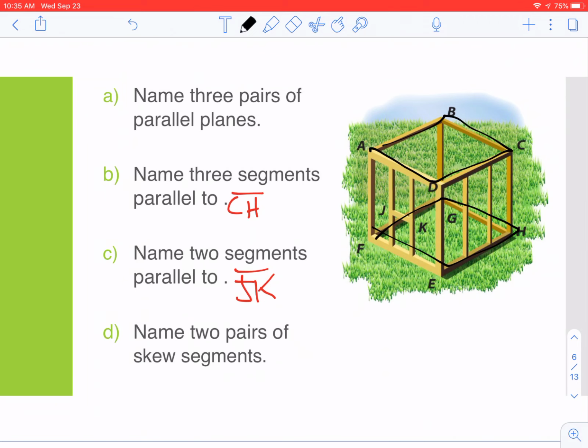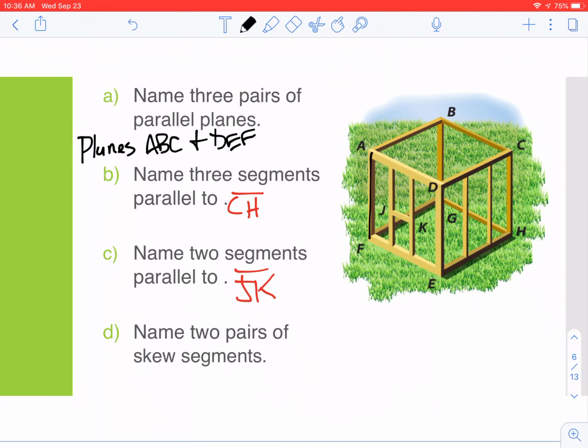So planes, I'm going to save room here, ABC and DEF. That's one pair. My next pair, oops, I didn't want to undo that one. I'll just erase. My next pair is these two. If you can see me outlining them in black.